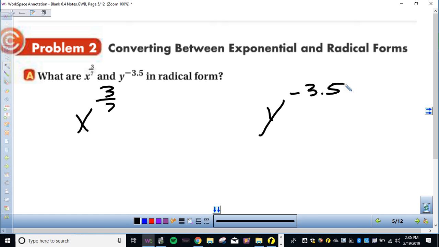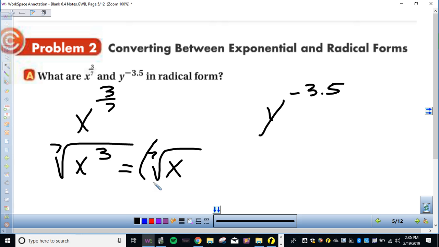So does the 7 go in the elbow or underneath? Elbow. Right? I could write, this means the exact same thing. I could use 7th root of x cubed. Right? Depends on the problem, which one's the best. But those I would accept either as correct answers.